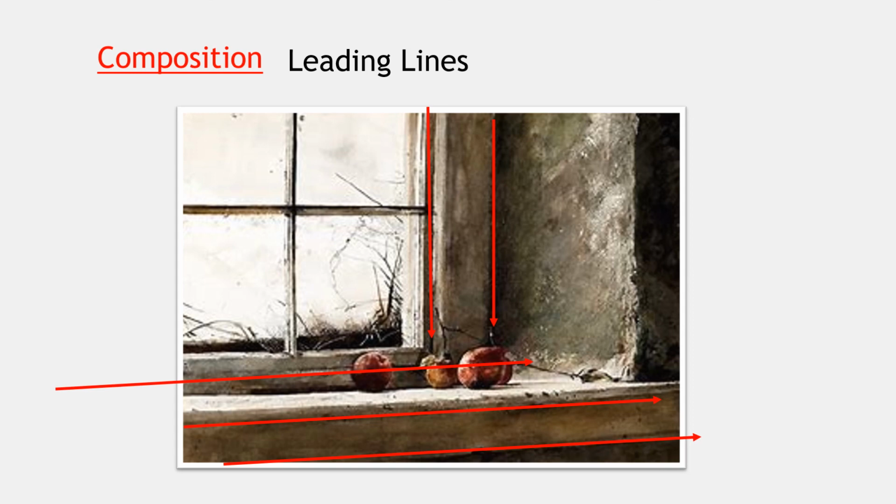There's also an element of looking out, looking in going on in this painting. So the window is there, but you're not actually looking out the window, you're looking inside the window. And this is further emphasising the composition of the painting and making you drawn to the apples on the windowsill.